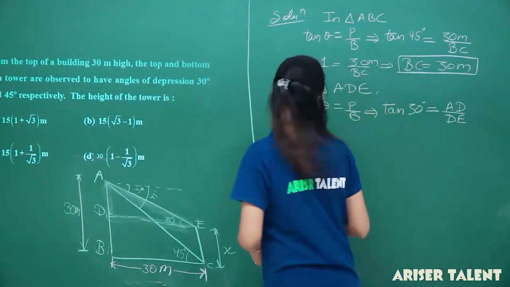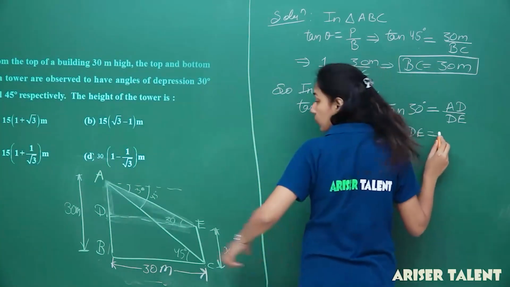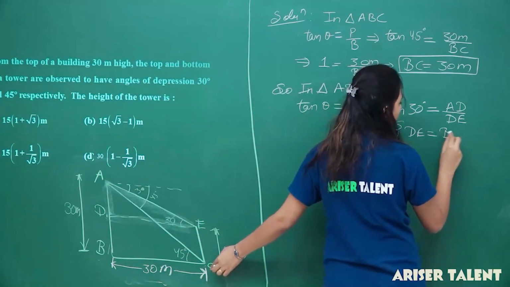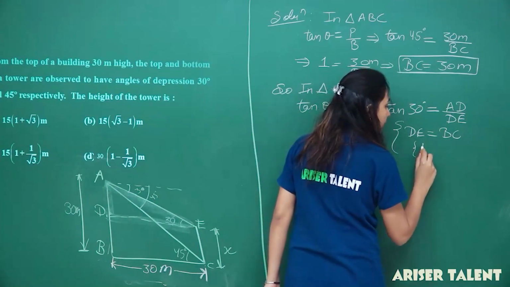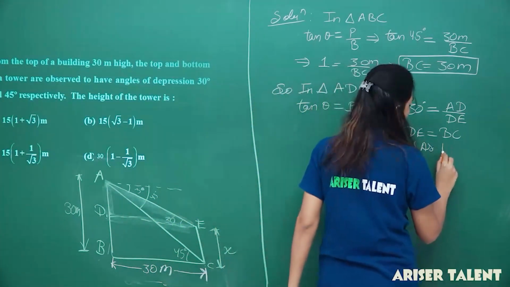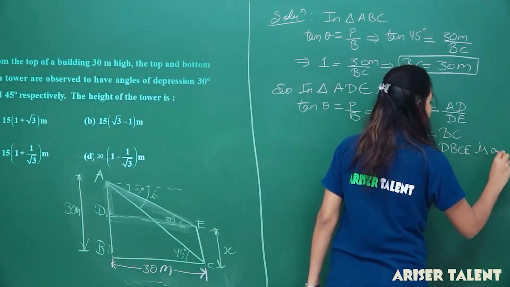Now DE equals BC, because DBCE is a rectangle.